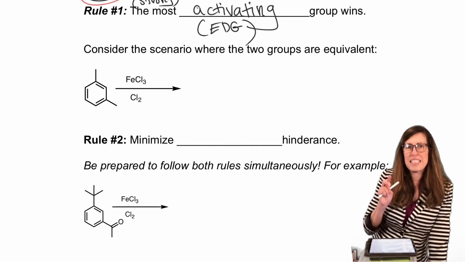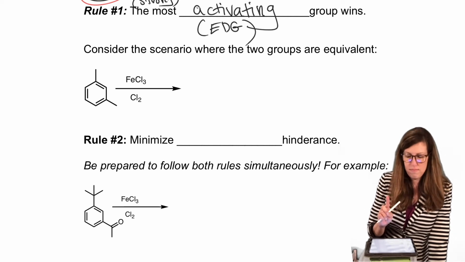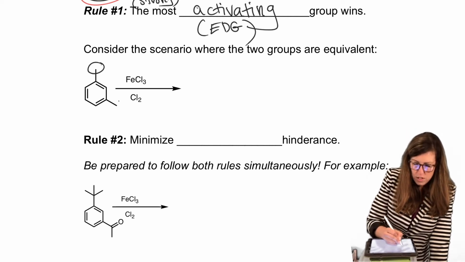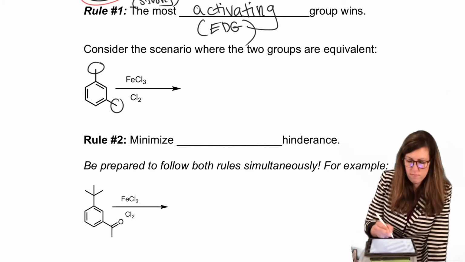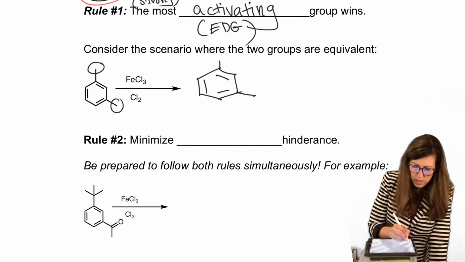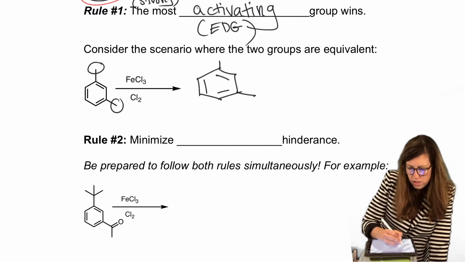Now, what if they're exactly the same? Will there be a preference? So there's two groups. Let's say we want to know where the chlorine is going to go. So methyl, methyl. Where does that chlorine go? Well, let's just look at one of the methyls.